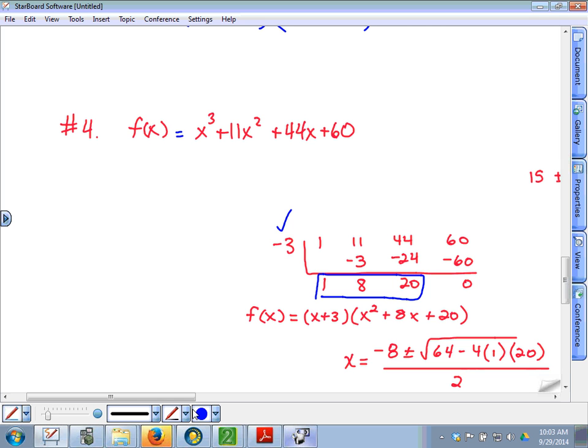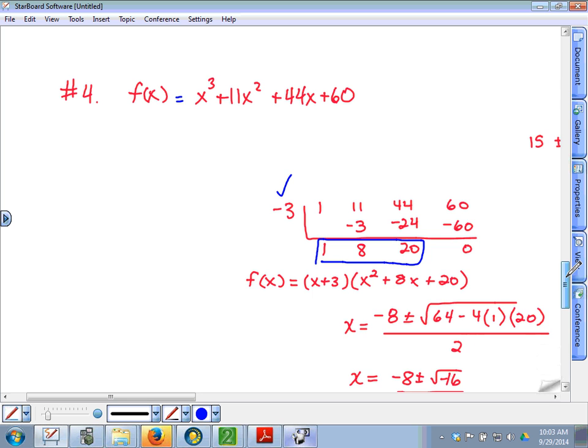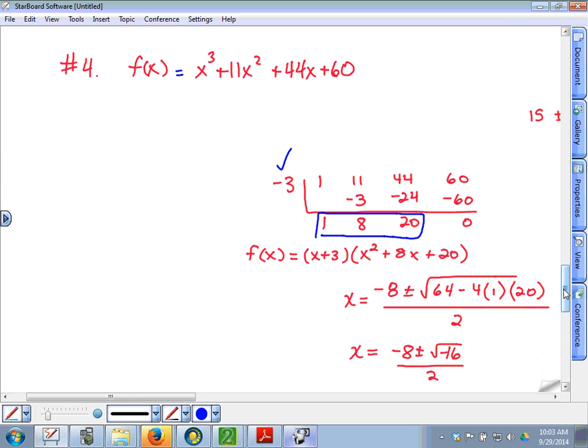And then you set up the quadratic formula. -8 plus or minus the square root of 64 minus 4 times 1 times 20. And then 64 minus 80 is -16.